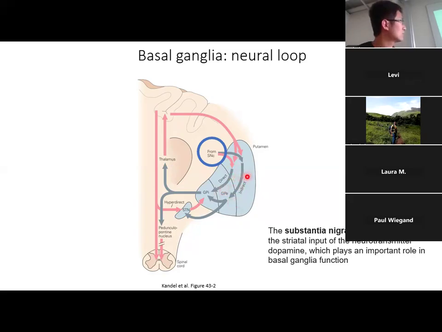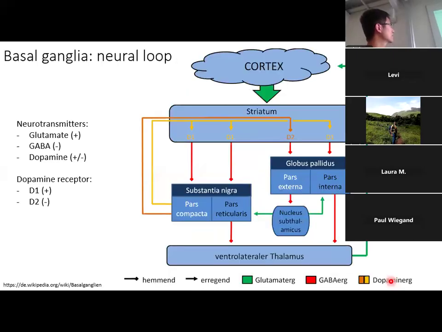I will not go into this because it is very detailed. We just need to know that there are two pathways, the direct pathway and the indirect pathway. The indirect pathway goes through more relays. And here I want to say again, this substantia nigra is the source of producing the neurotransmitter dopamine. And we'll see how this works.